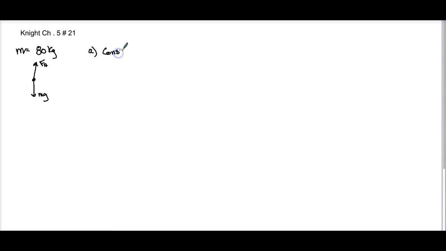So because he's moving at constant velocity, that means that his acceleration is going to be equal to 0. And that'll help us solve some problems. So we then have that the sum of the forces in the y is equal to ma sub y, where a sub y is equal to 0.